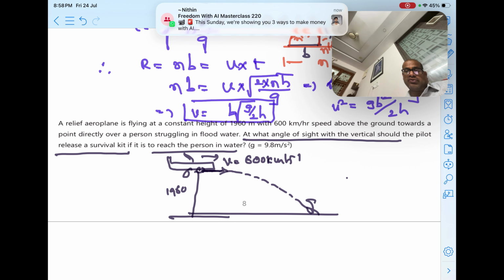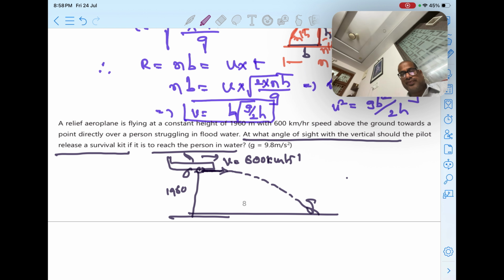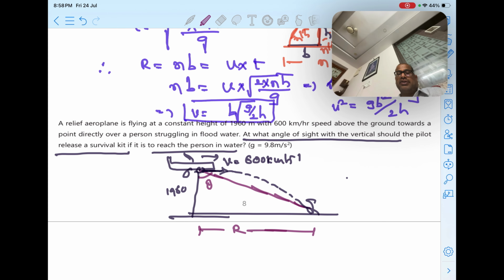And then it will hit the ground. Now you see, when I consider the body from initial point to final point, that is the line of sight. We have to find out the angle made by the line of sight with the vertical, that is theta here.